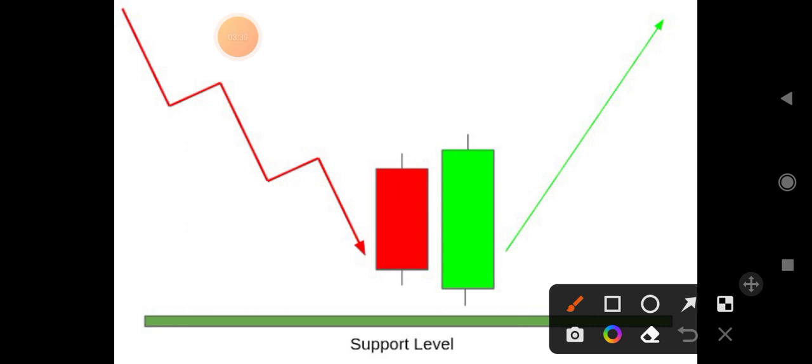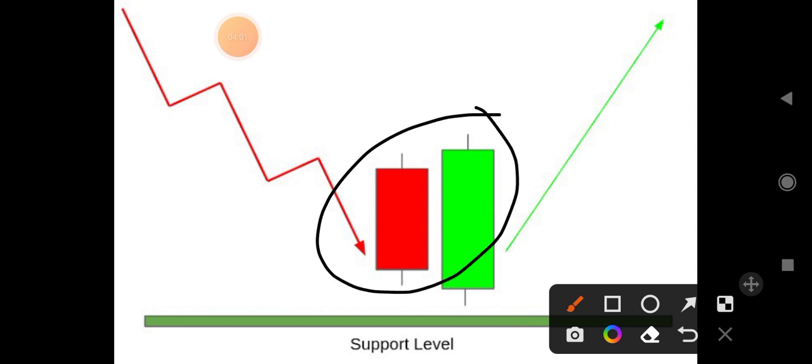Conventionally, the green candle represents buying, a bullish presence in the market. So when we see the body of the green candle bigger than the body of the red candle, immediately after a red candle, we say it's bullish engulfing, because the green candle has a body that is bigger than the red candle. So this is a bullish engulfing candlestick pattern.